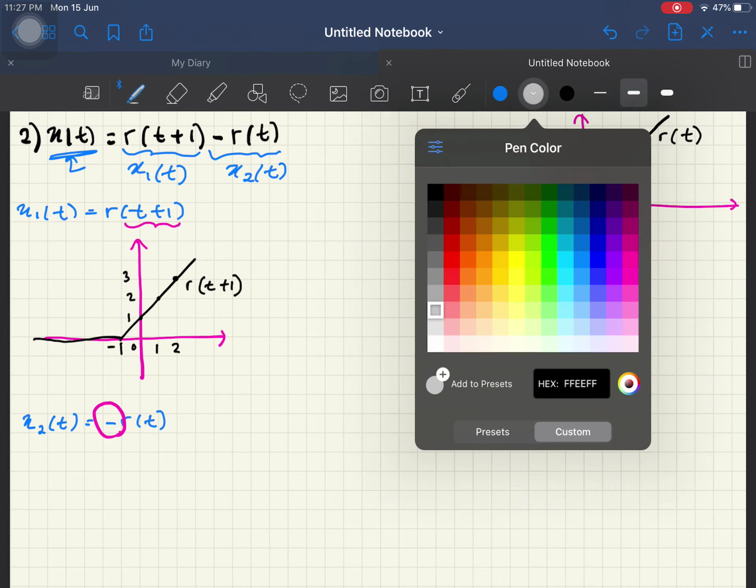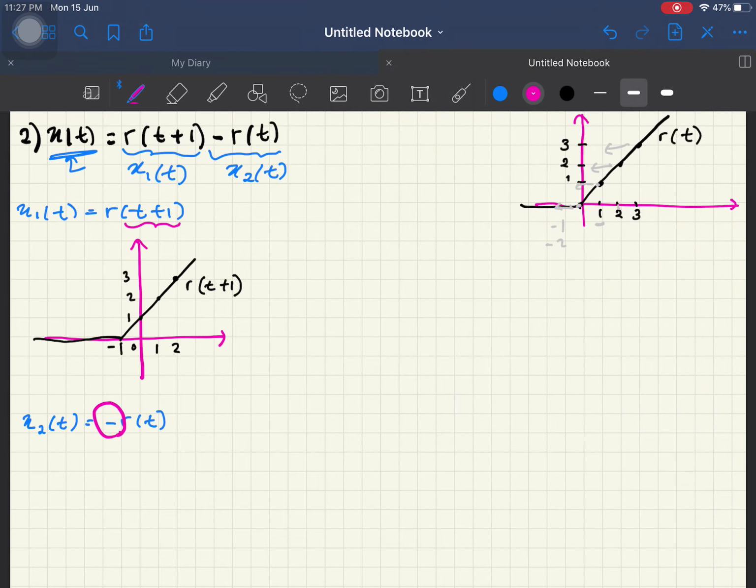If I am to plot the graph, it will look like this. Let me just write again.